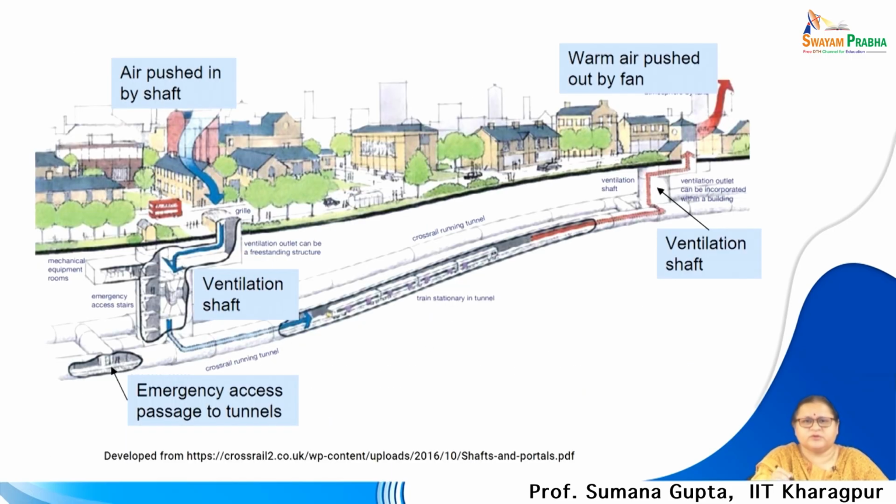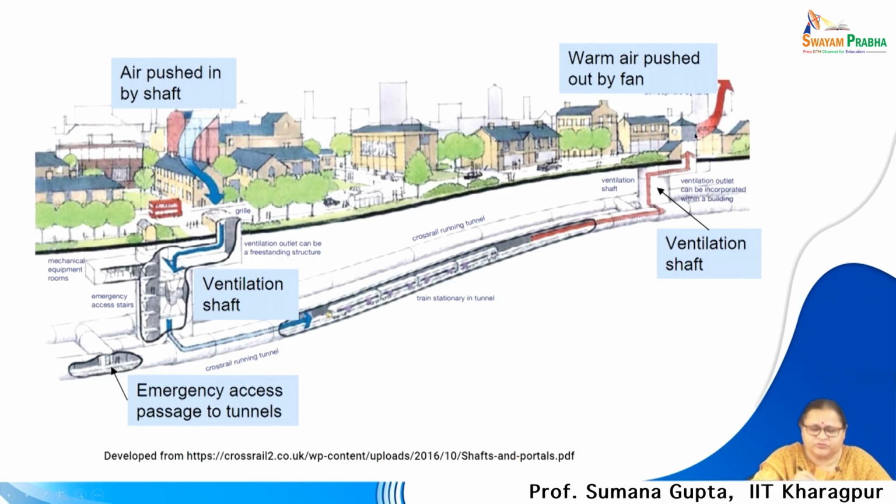So, if you see the air sucking and air pushing, you see here this is that emergency access, this is that railway station, underground metro railway station, this is another metro station some kilometer away, say 1 kilometer away.